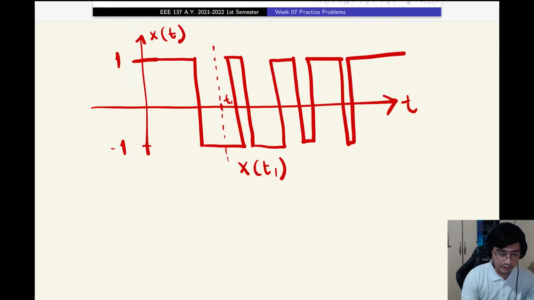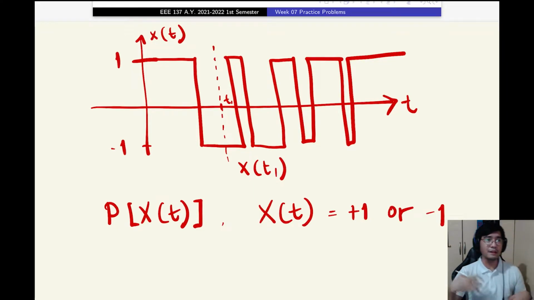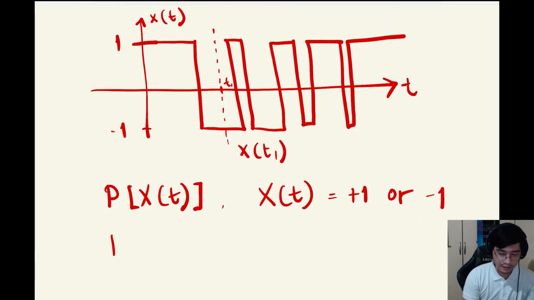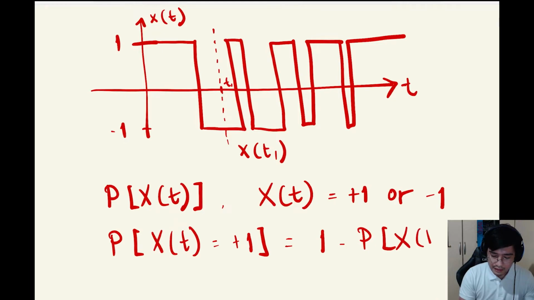Specifically, we want to get probability of x of t, where x of t is either positive 1 or negative 1. We want to get probability of x of t is equal to positive 1 and probability of x of t is equal to negative 1. And since we have only two outcomes here, then we should follow this certain rule that probability of x of t is equal to positive 1 must be equal to 1 minus probability of x of t is equal to negative 1.